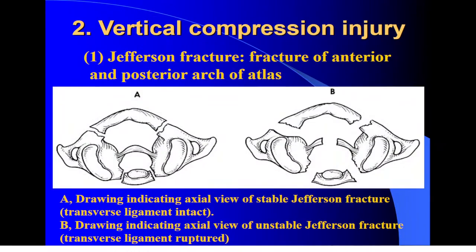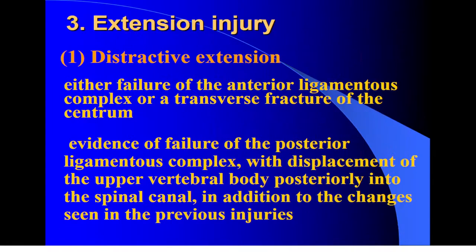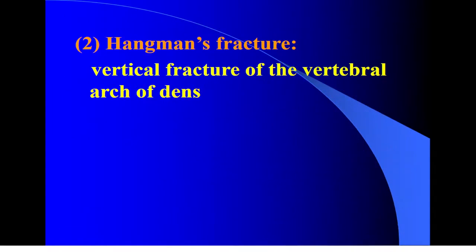Okay, so let's return to the first two cervical vertebrae. Once again, Jefferson fractures are the fractures of the first cervical vertebra, and for the second cervical vertebra, we have the so-called Hangman fracture.